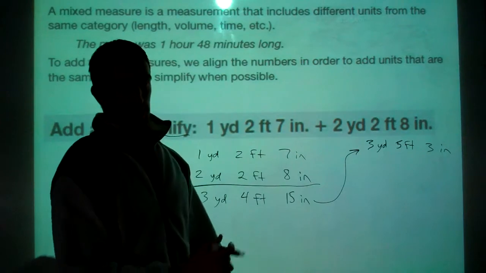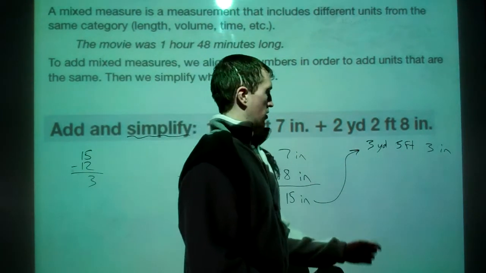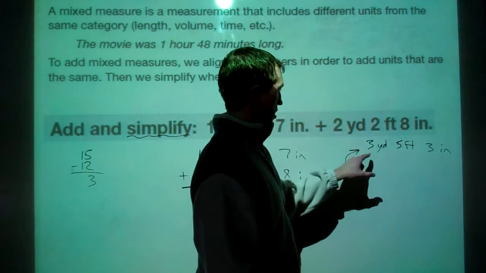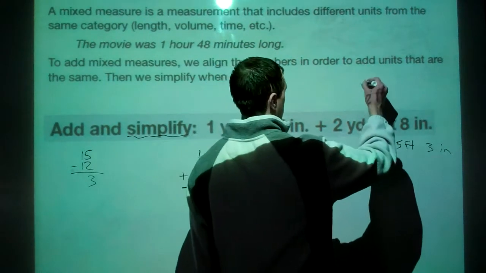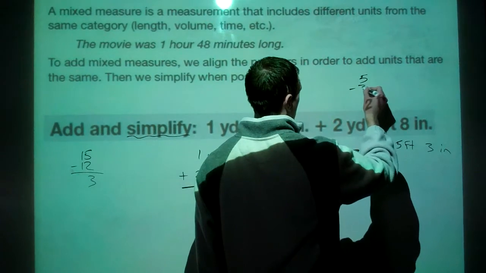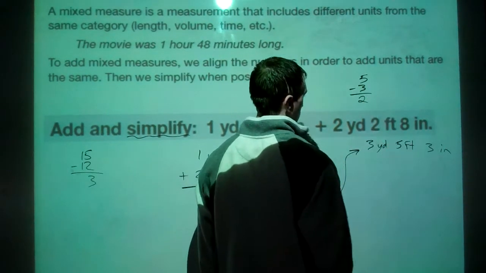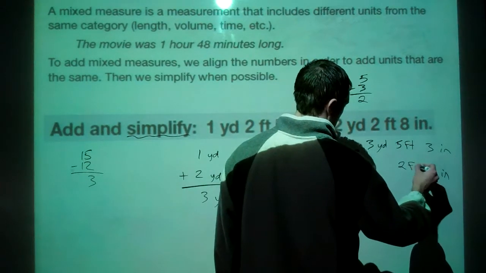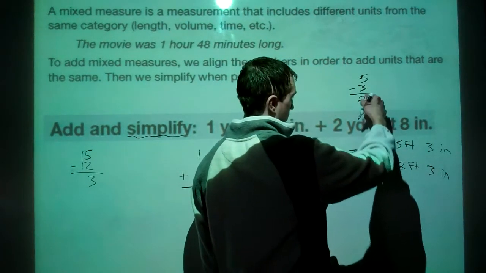However, we have one more step that we can do, because we know that 3 feet are in 1 yard. So 5 minus 3 feet. We have 2 feet left over. But this 3 feet turns into 1 yard.